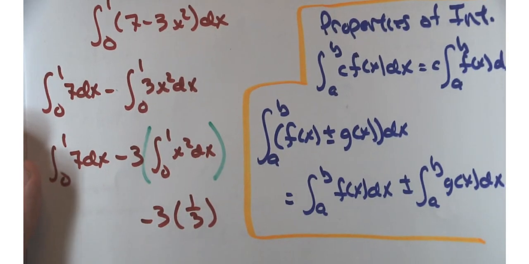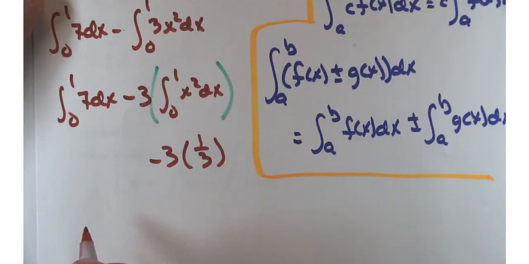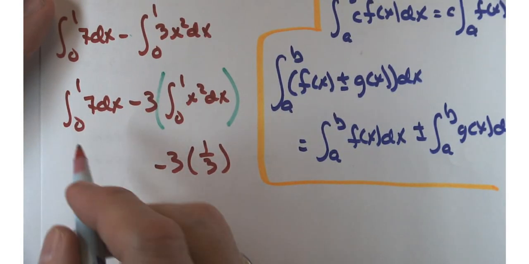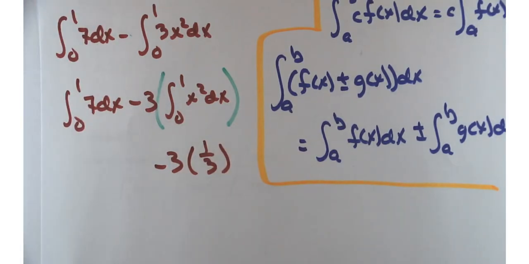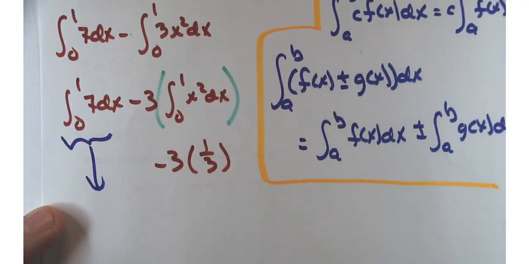But now I've got to envision the rest of this. This is going to be the integral between 0 and 1 of the function 7. What is y equals 7 going to look like in terms of a graph? Any thoughts? Yeah, it's just going to be a horizontal line.